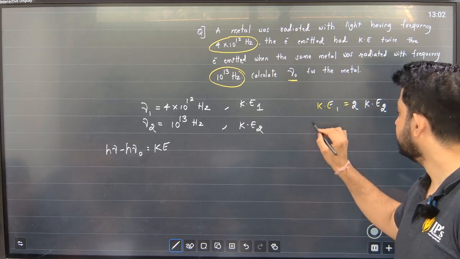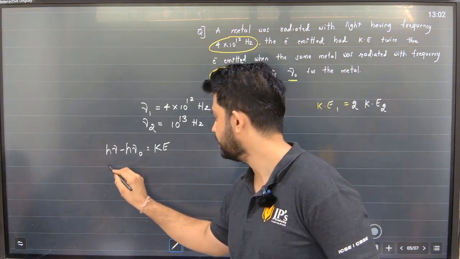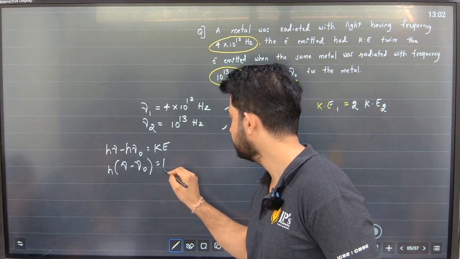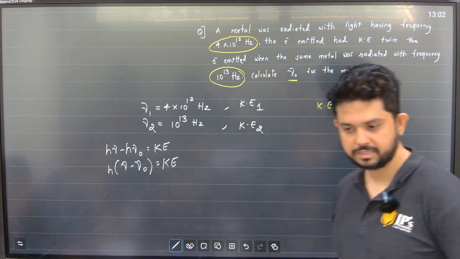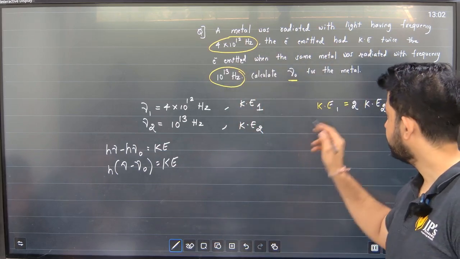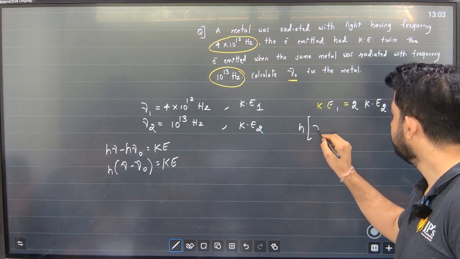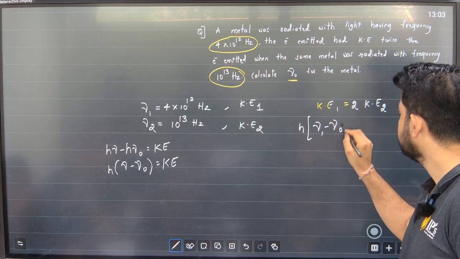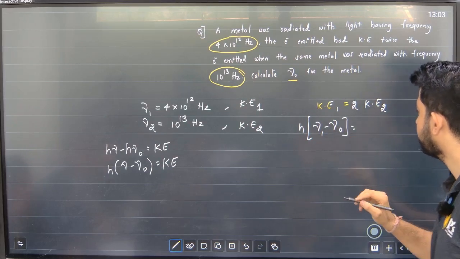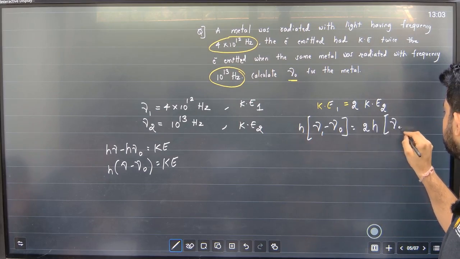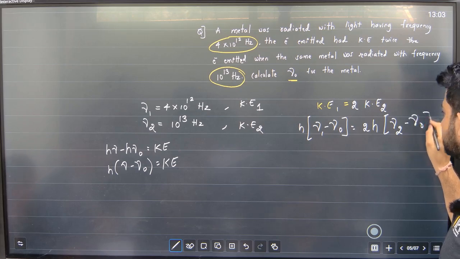KE1 I can write, and here I can take h common: nu minus nu naught is equal to kinetic energy. So I can write KE1 as h(nu1 minus nu naught) is equal to 2 times h(nu2 minus nu naught).